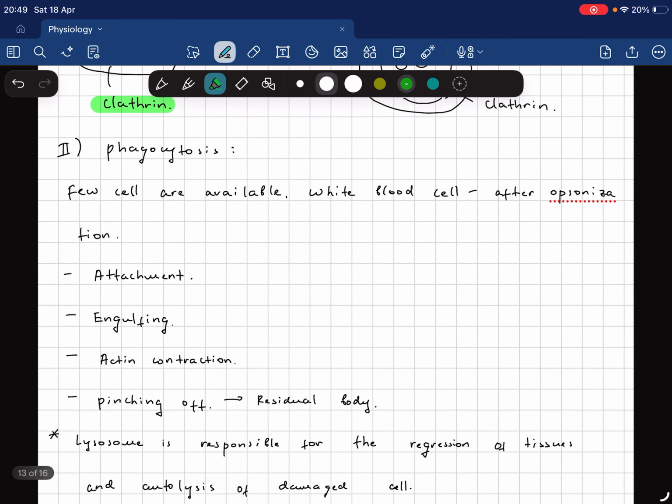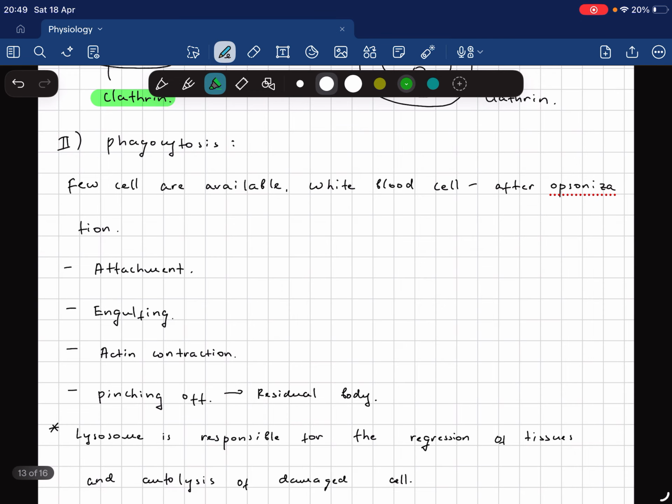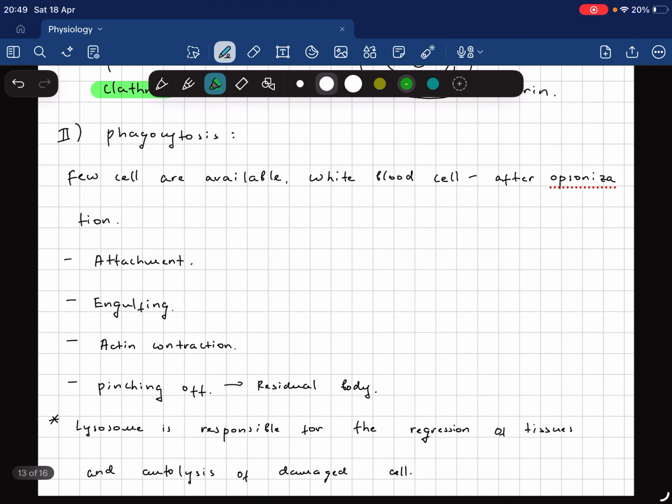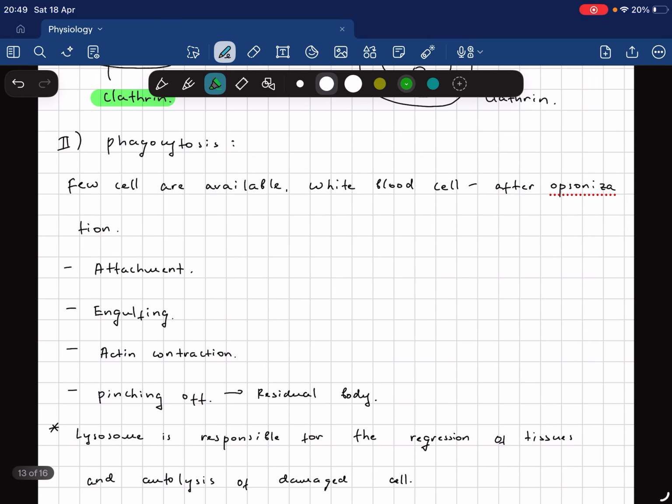And phagocytosis is like pinocytosis, but there are a few differences. For example, only a few cells can do phagocytosis. For example, white cells can do phagocytosis after the opsonization of the bacteria, right? I wrote down the steps of phagocytosis.